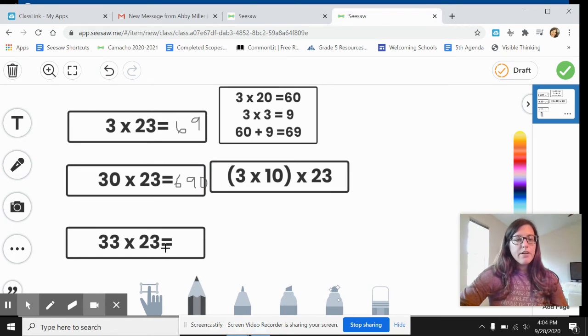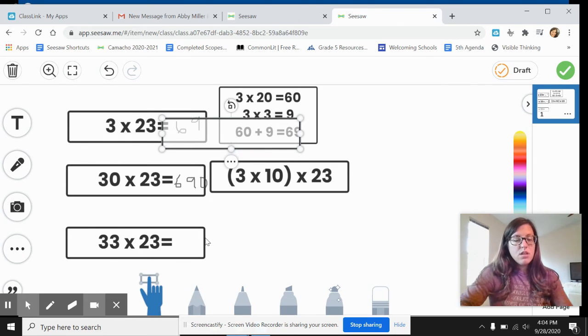So now let's take a look at our last one. This is 30 groups and 3 groups, or 33 groups times 23. So I can add the 30 groups and the 3 groups to make 33 groups. So I'm simply just going to add those two.